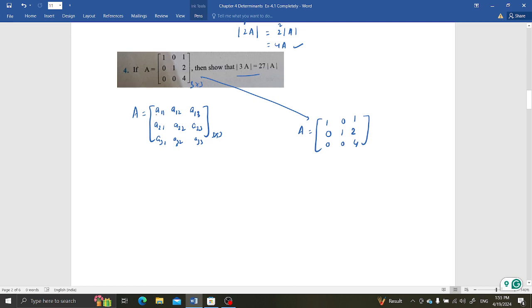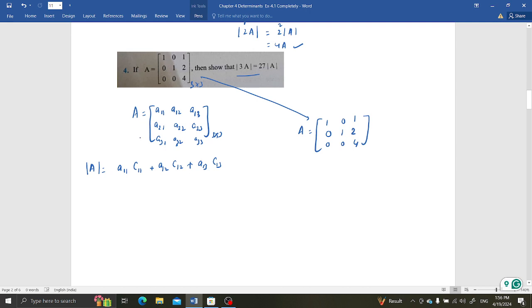Now the next thing is how we can expand, if I am expanding along the first row, second row, third row, or the first column, second column, third column. So the determinant of A is, first of all you need to take A11, whose corresponding cofactor is C11, plus A12, whose corresponding cofactor is C12, plus A13, whose corresponding cofactor is C13.